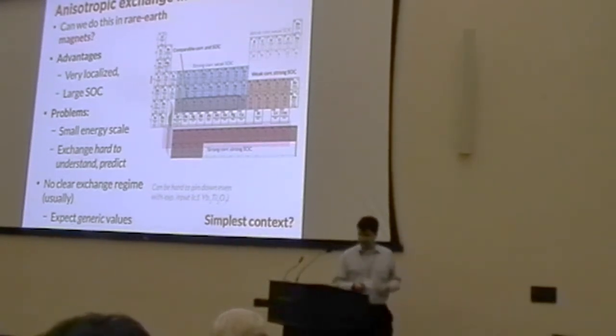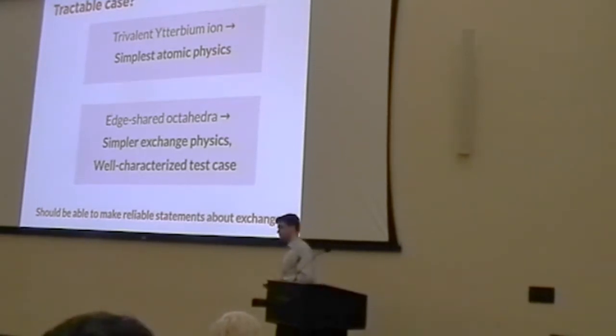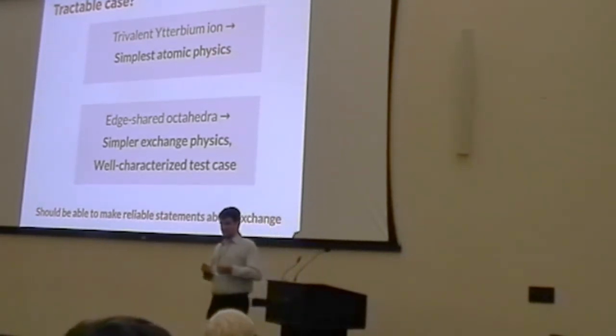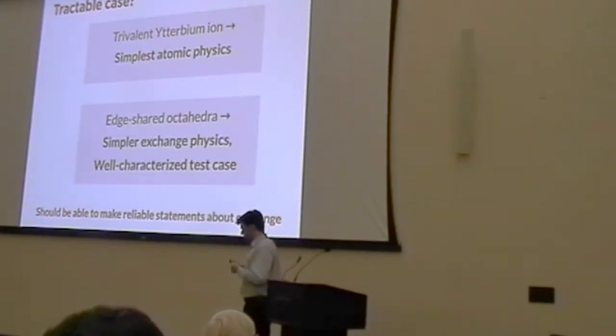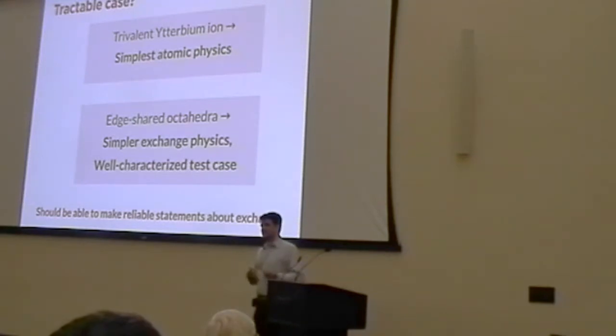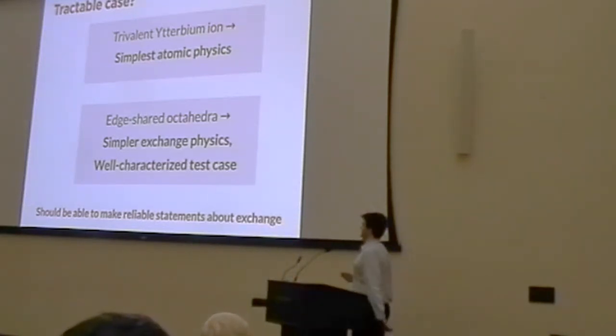What I want to try to tell you today is that there's a simplest context where a lot of these problems are absent, and I think you can realize intrinsically anisotropic exchange regimes that are frustrated, and you can have some kind of theoretical handle to understand where these come from and predict them.